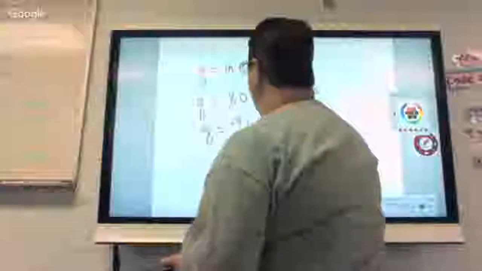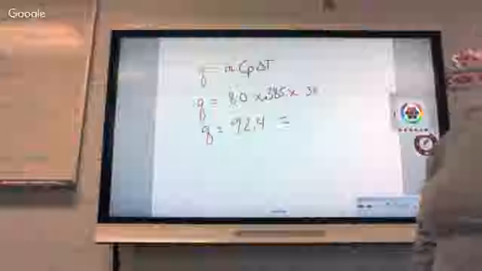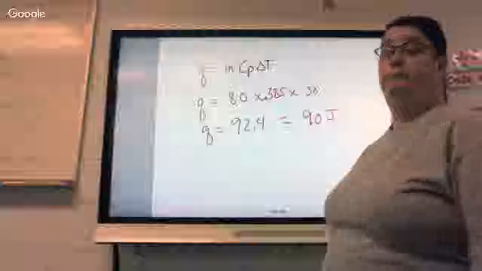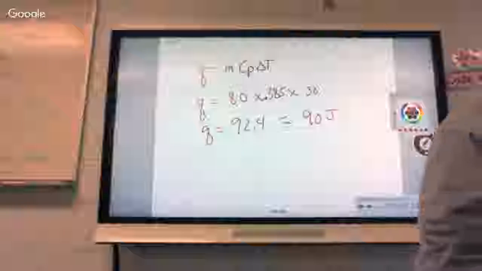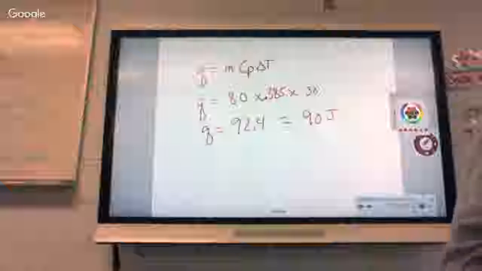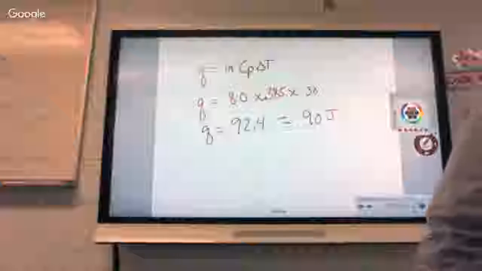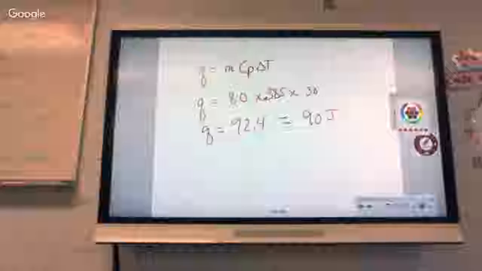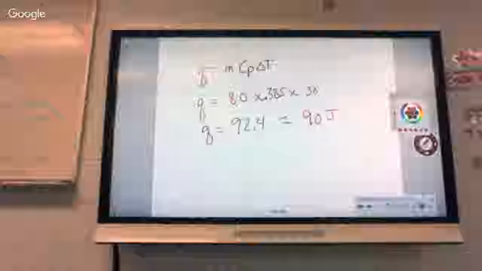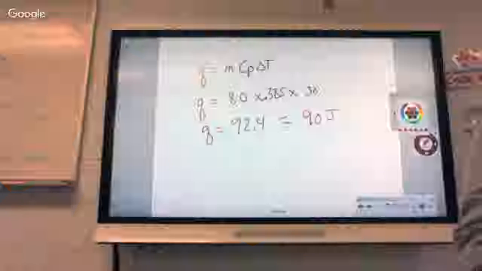And then I need one significant digit, so I'm going to round that to what? And then put a J on it. And I've got it. No, we do one digit because we have 10 and 40. And 10 and 40 both have that understood decimal point, so those zeros are not significant. And so that's why.